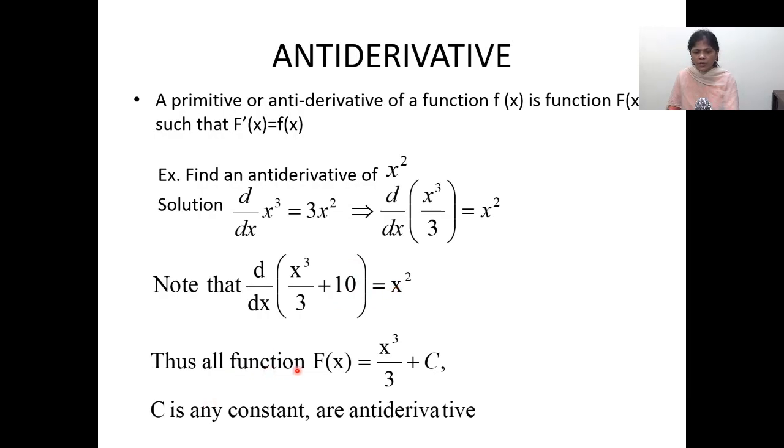Thus, all the functions capital F of x of the form x cube by 3 plus c, where c is a constant, give the function x square. Hence, this function capital F of x is called the antiderivative.